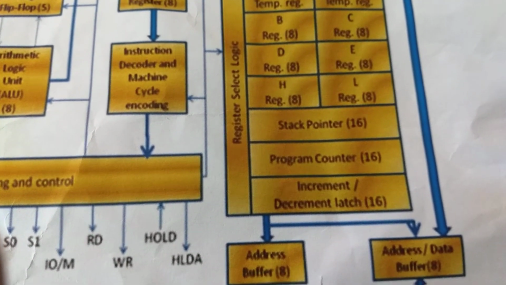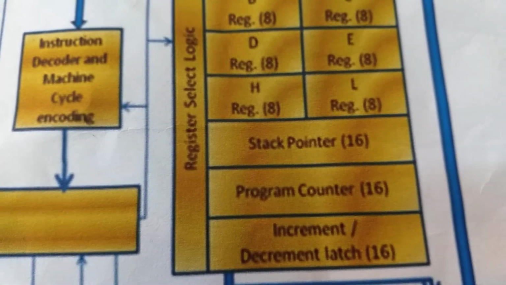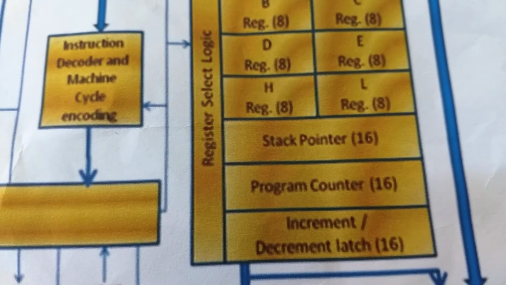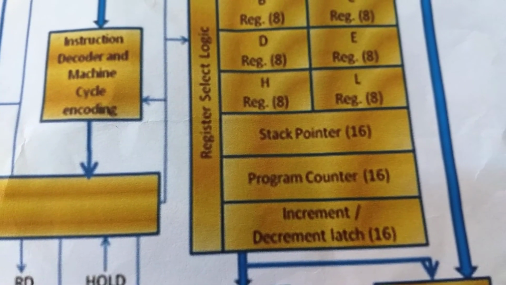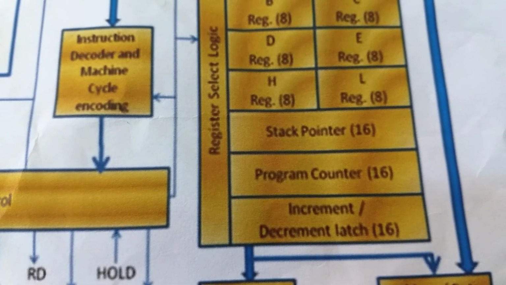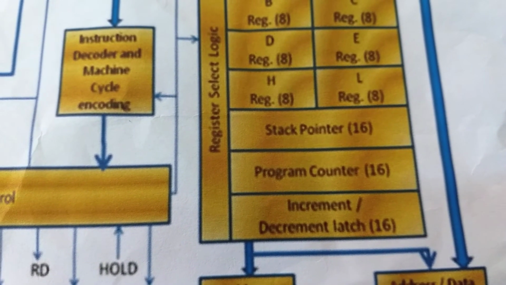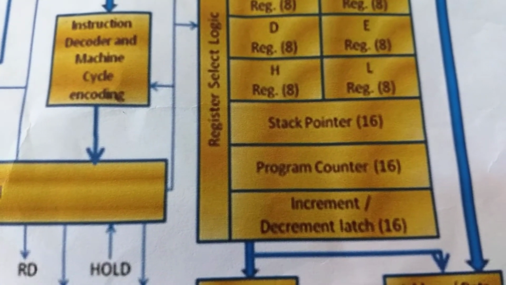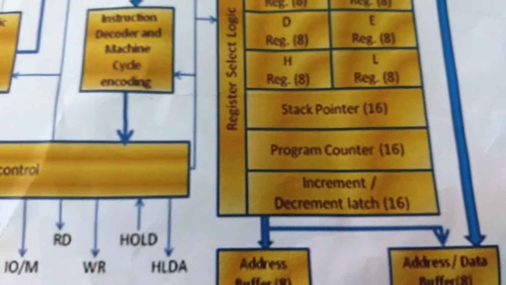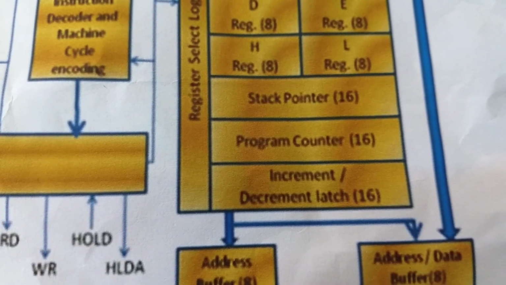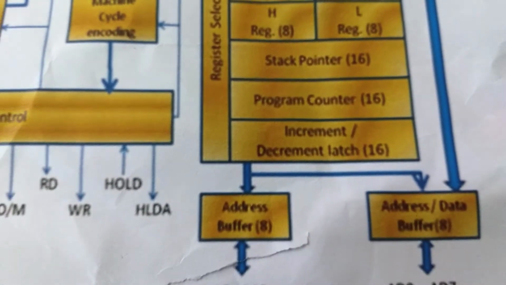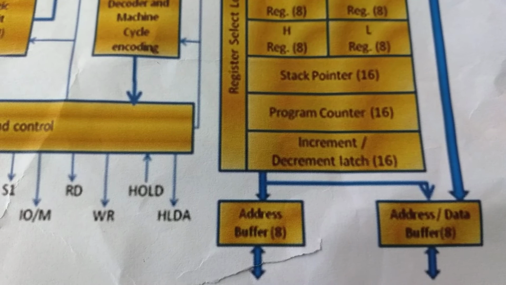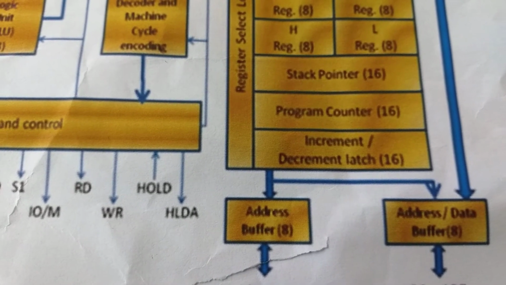The next is the stack pointer. What is the stack pointer? The address of the instruction which is going to be fetched for the operation can be seen in the stack pointer, SP in short, while the program counter will indicate which is the next instruction coming.